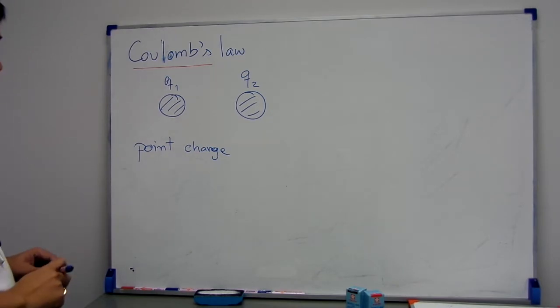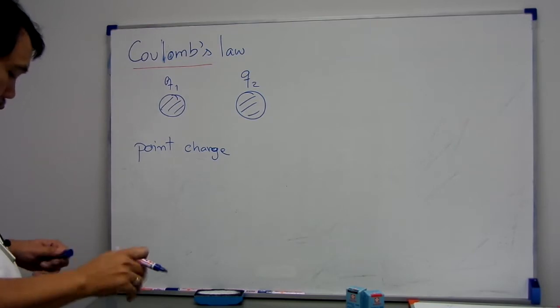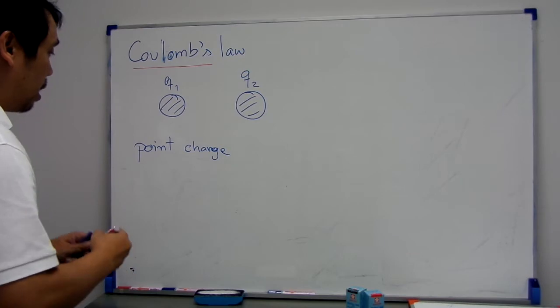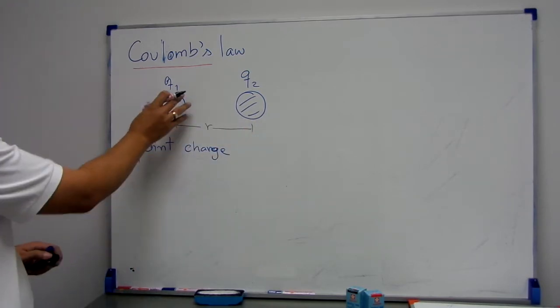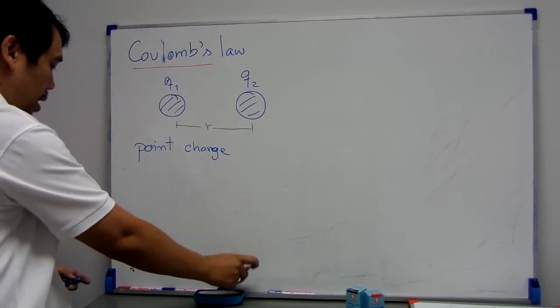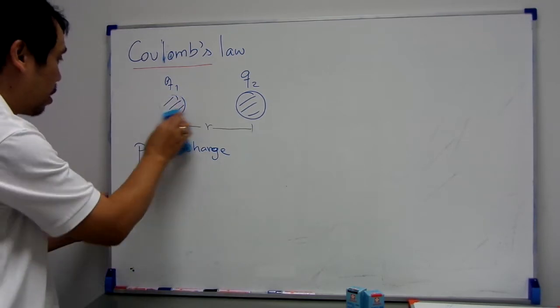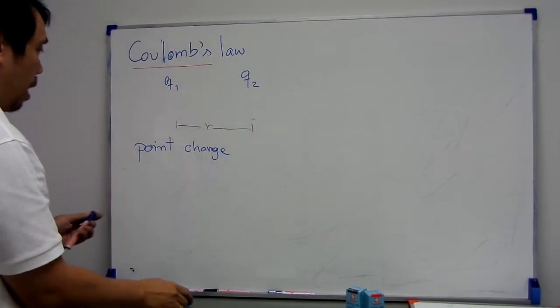It means that the size of these two objects is small compared to the distance between them.